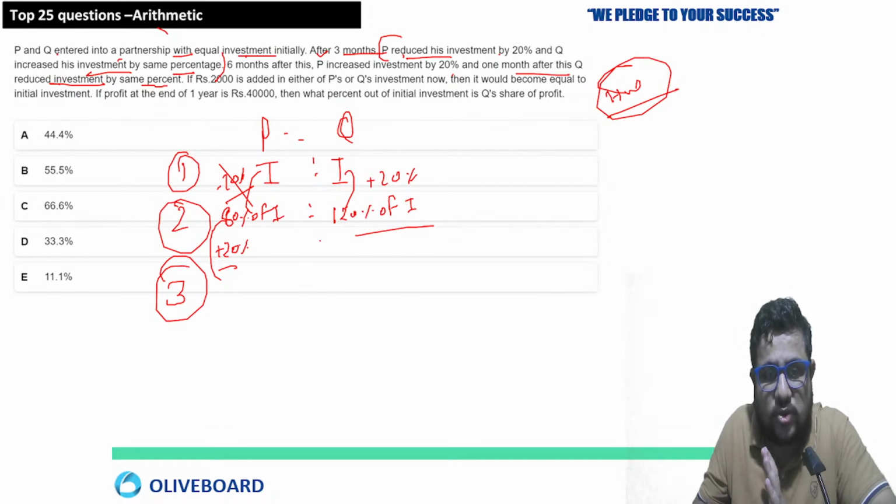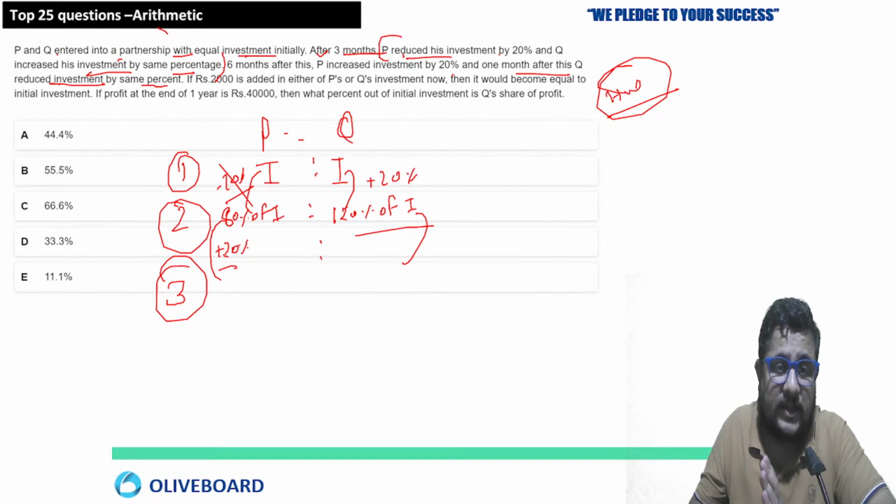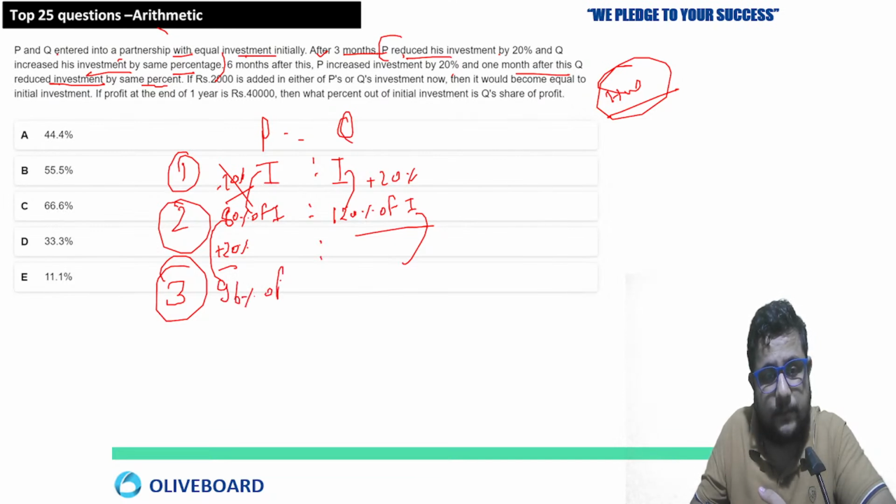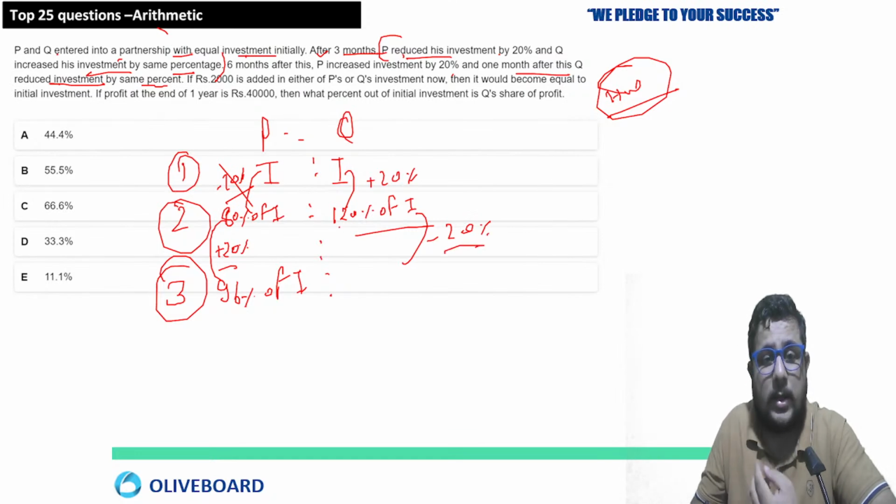So Q also has some changes, but after 1 month of P's change. So this is going to be what? 10% of 80 is going to be 8, so 20% is 16, so just add, so 96% of I. And this is just a 20% reduction: 10% of 120 is 12, so 20% is 24, just reduce, so 96% of I.